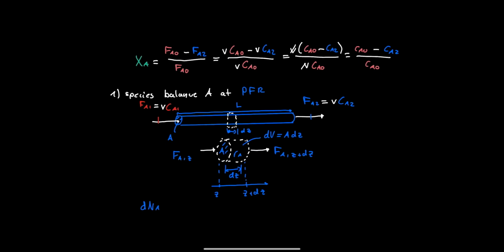So our species balance, the change of the species A with respect to time, will be equal to the entering molar flow rate, which is Fa at position z, minus the leaving flow rate, which is Fa at position z plus dz, plus the reaction rate of the species A times the volume of the segment dV.